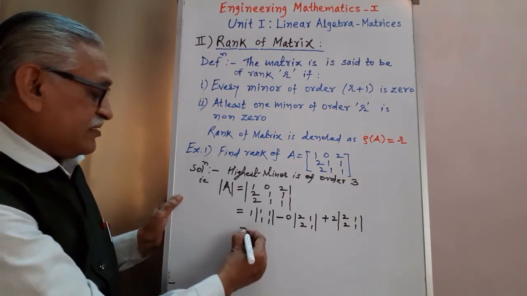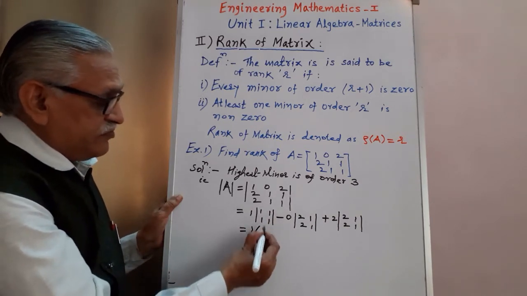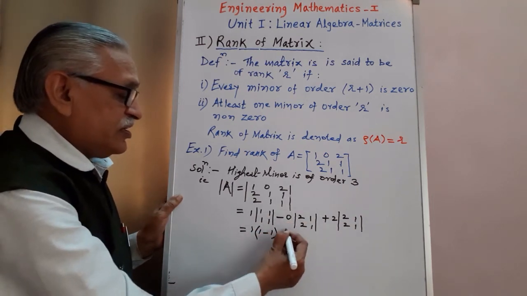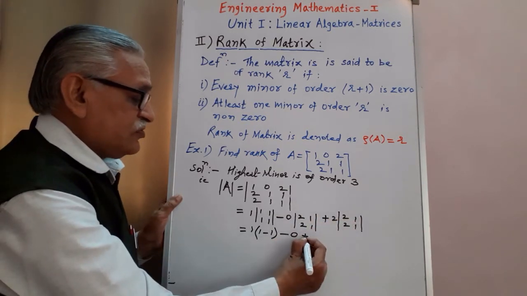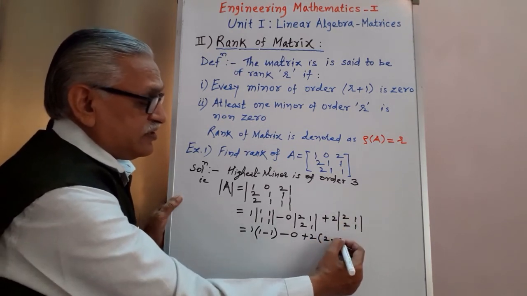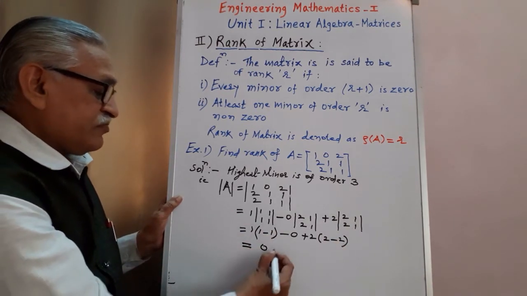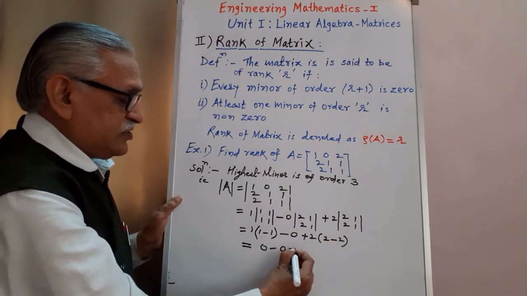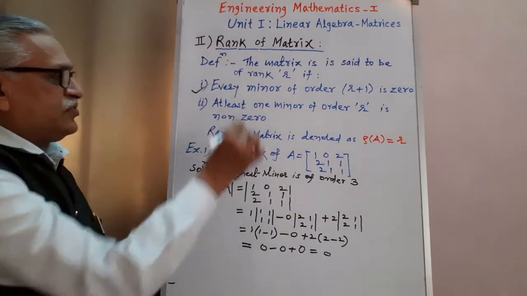If you simplify it, this is 1 into (1 minus 1), 0 into anything we get 0, plus 2 into (2 into 1 minus 2 into 1), and therefore that value is 1 minus 1 equals 0, minus 0, and 2 minus 2 equals 0, 0 into 2 we get 0, and therefore that value is 0. Means this condition is true.